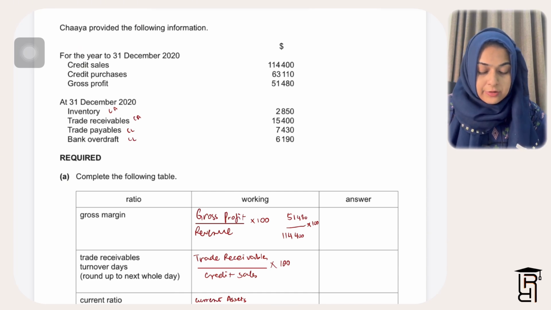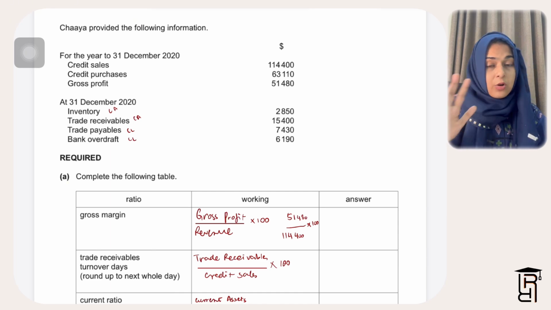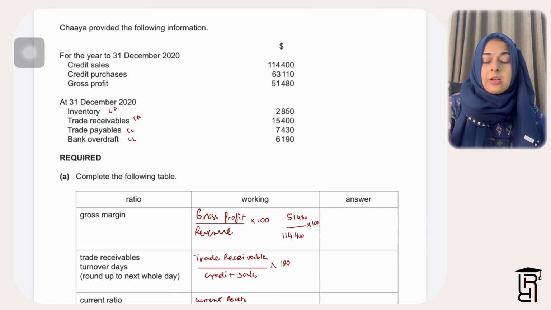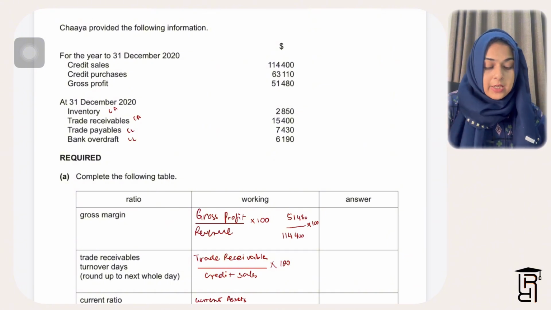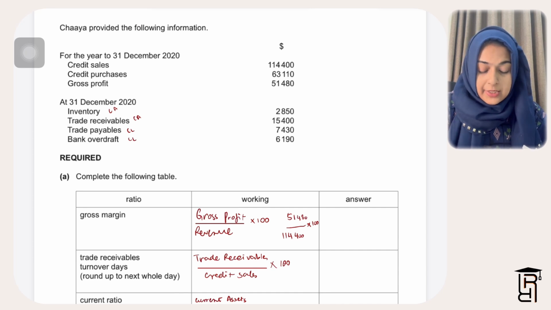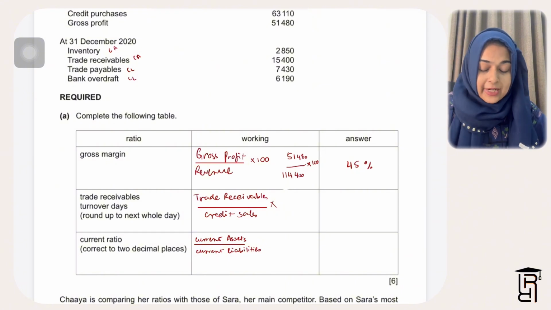In the next part, trade receivables turnover days, round up to the next whole day. You always have to round up the trade receivables turnover and the trade payables turnover to the next day, whatever the answer comes out. If your trade receivables are paying you in 41.2 days, they are taking 42 days. The formula for trade receivables turnover is trade receivables divided by credit sales multiplied by 365.